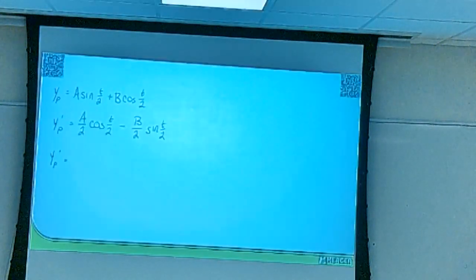It's y double prime. Negative 1/4 sine t over 2 minus b over 2 cosine. And of course, you can write either b over 4 or a quarter b. It doesn't matter, it's the same thing, right? Now you have to plug those in.